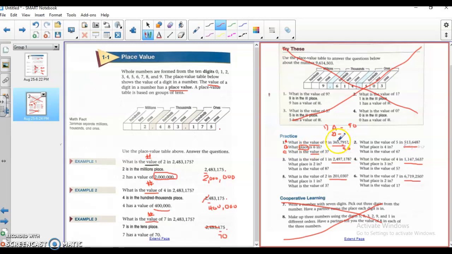Go back to this number, find your 6. You can go ahead and underline it really quick if you need to help. 1 is in the ones, 9 is in the tens, 7 is in the hundreds, 5 is in the thousands, and 6 is in, right here, would be in the 10,000s.